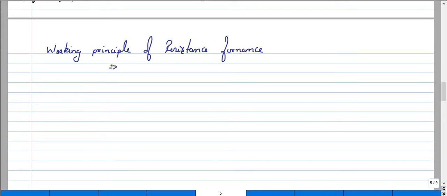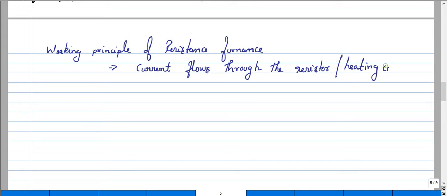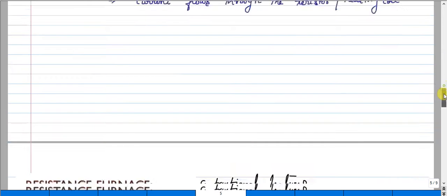The melting starts. How? When the electric current flows through the resistor, or you can call the same as heating coil.